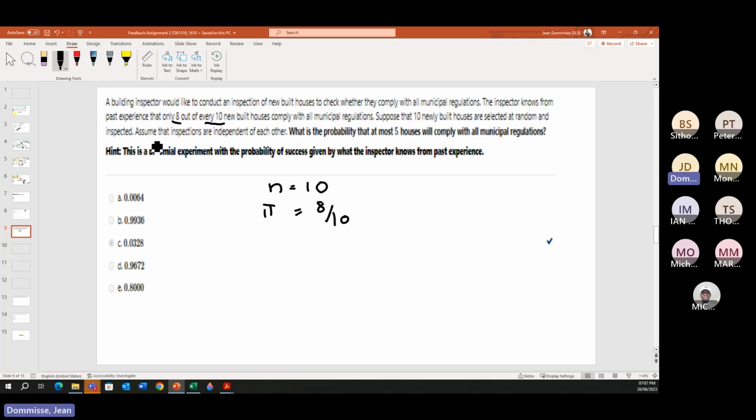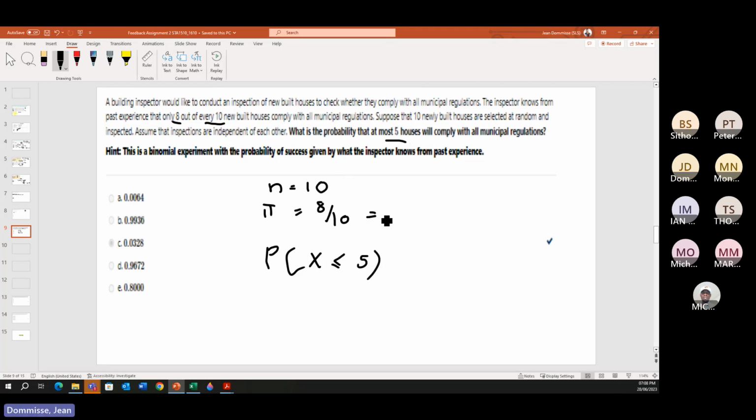Assume inspections are independent of each other. What is the probability that at most 5 houses will comply? So smaller or equal to 5.